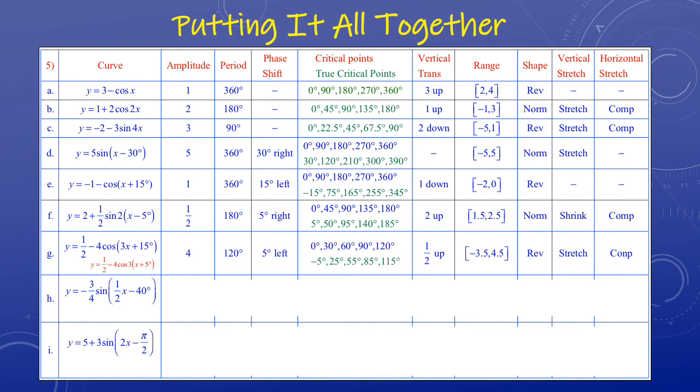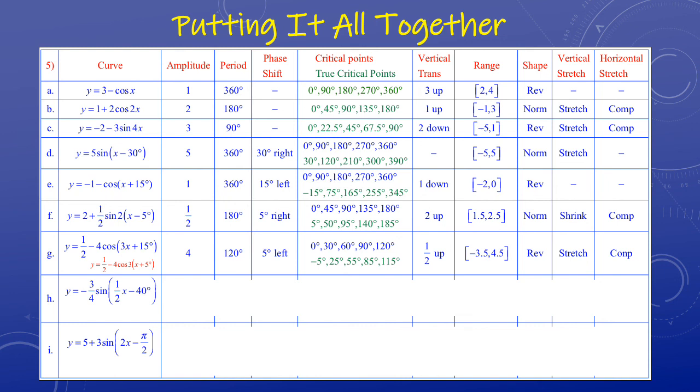The amplitude is 4 and the period is 360 divided by 3, or 120 degrees. It has been shifted 5 degrees to the left. So our critical points are 0, 30, 60, 90, and 120 degrees, and therefore the true critical points are -5, 25, 55, 85, and 115 degrees.